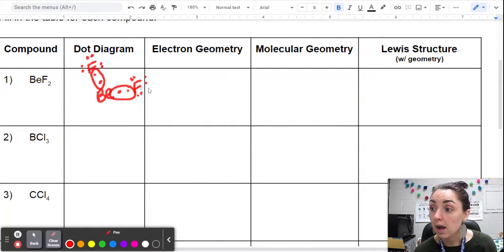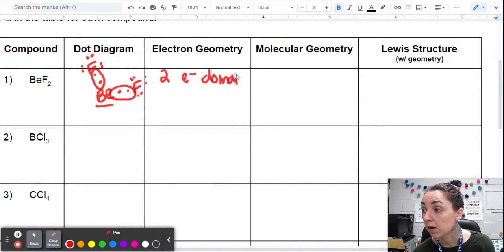So then I want to count my number of electron domains around the central atom. Just the central atom. I don't care what's going on with fluorine. Beryllium's the central atom. It's the one I care about. So I've got 1 area of electrons, 2 areas of electrons. No lone pairs. I just have 2 bonds. So 2 electron domains.